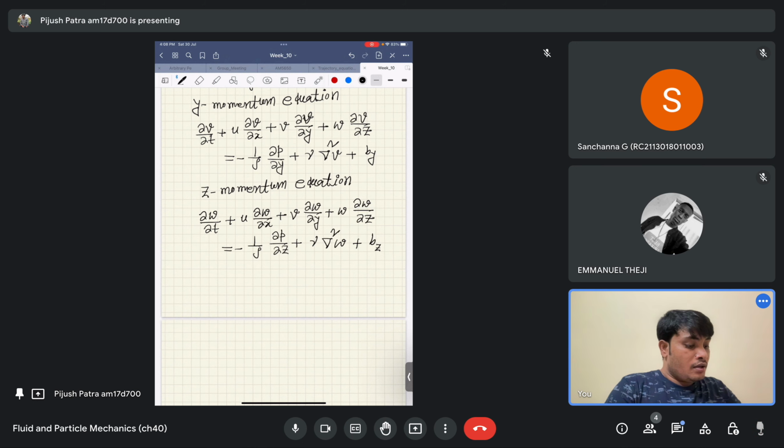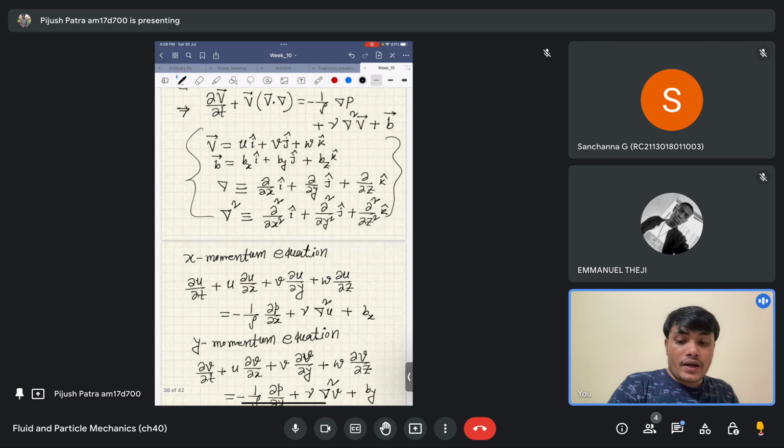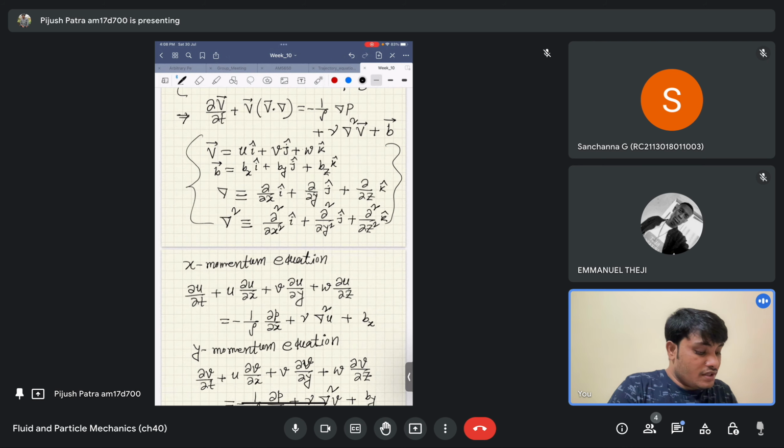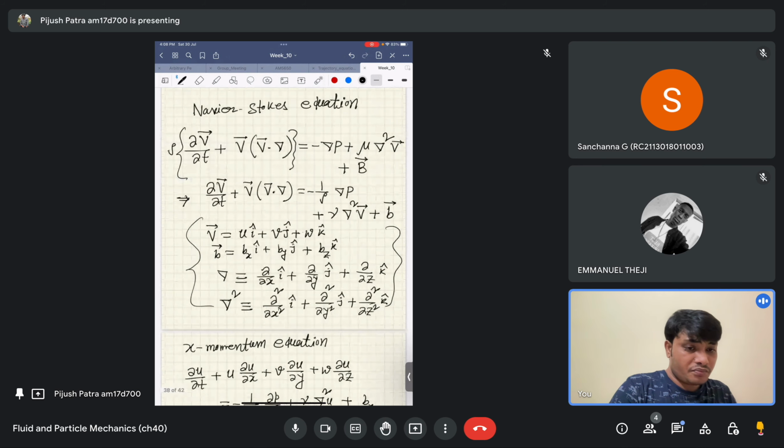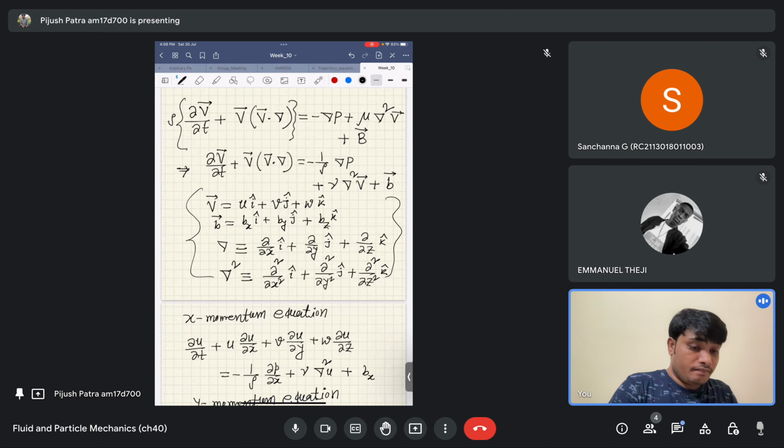Okay, so these are the x, y, and z momentum equations which we will use later for solving different problems.